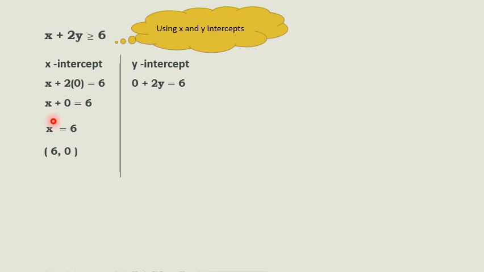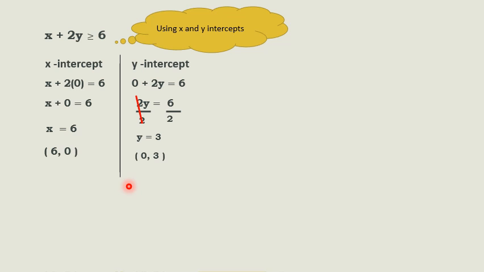Let x equal 0, so 0 plus 2y equals 6. Then 2y equals 6. We need only y here, thus we need to divide both sides by 2. 2 divided by 2 cancels out, and 6 divided by 2 is 3. So y equals 3. Therefore, the ordered pair is 0, 3. That's for the y-intercept.